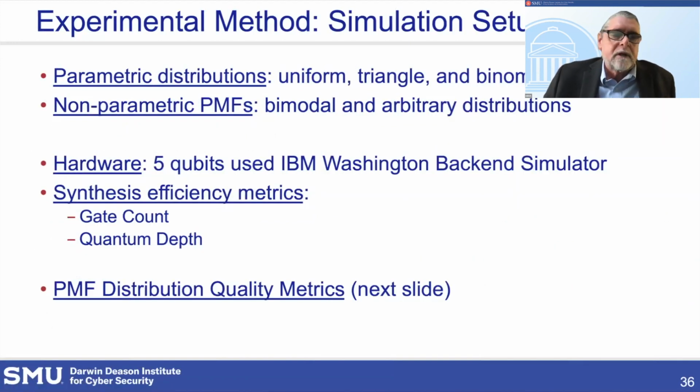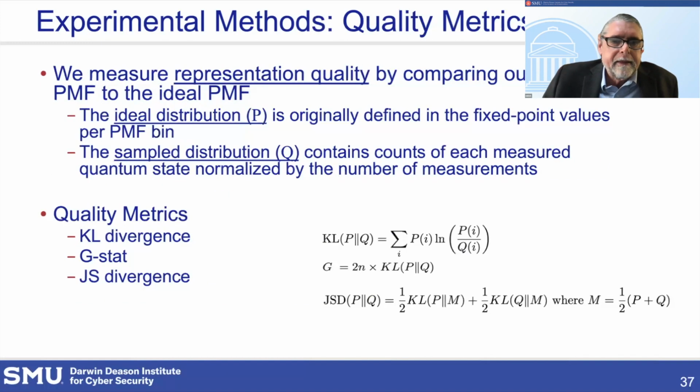We performed a series of experiments using the IBM Washington noisy simulator. We needed the noisy simulator because if we did this with the perfect simulator, our specified probability mass function would be identical to the one we synthesized.